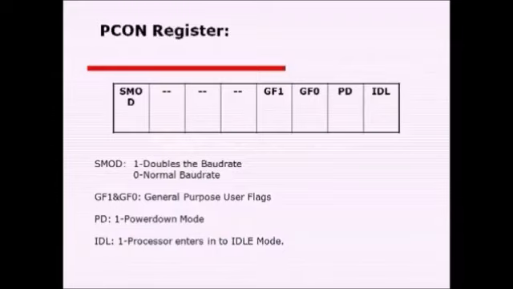SMOD is the bit which, if programmed to 0, means we would be using only the normal baud rate. If it is programmed to 1, it means we would be doubling the baud rate. GF1 and GF0 are two general purpose user flags. And power down: whenever this bit is 1, the processor enters into power down.